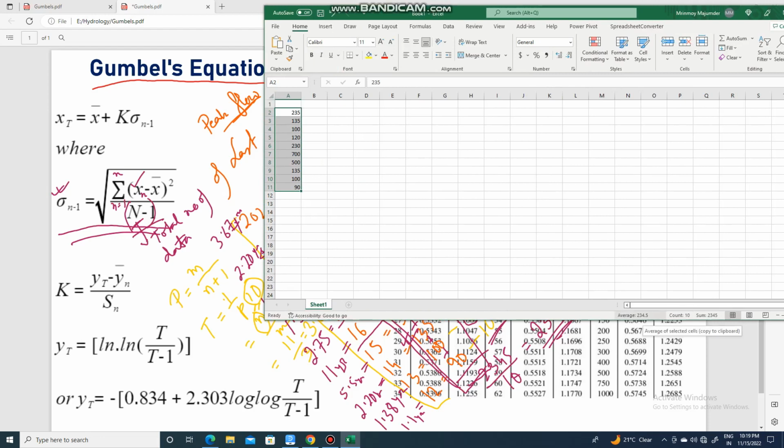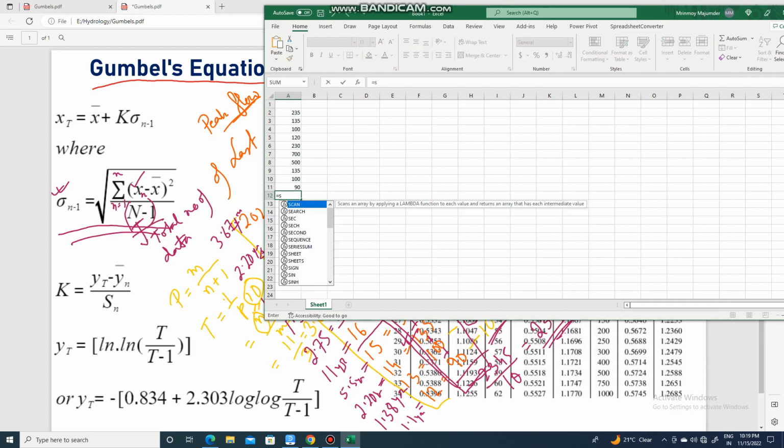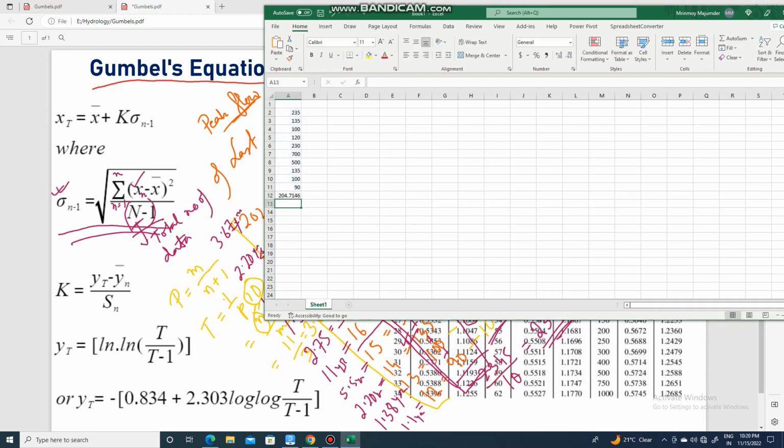So the mean or average is 234.5. This I have already calculated. Now I will try to apply the formula of standard deviation. In Excel, I use the formula STDEV and select the data set like this, then it will straight away calculate the standard deviation.